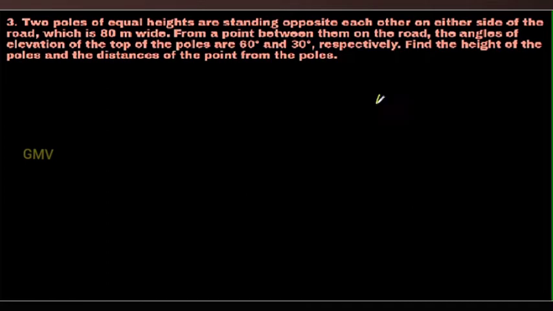So there are two poles. So this is a pole and this is a pole. These two poles on either side of the road. Let this be road. This road is 80 meter wide. So this is a pole and this is also a pole on either side of the road. These are equal heights.